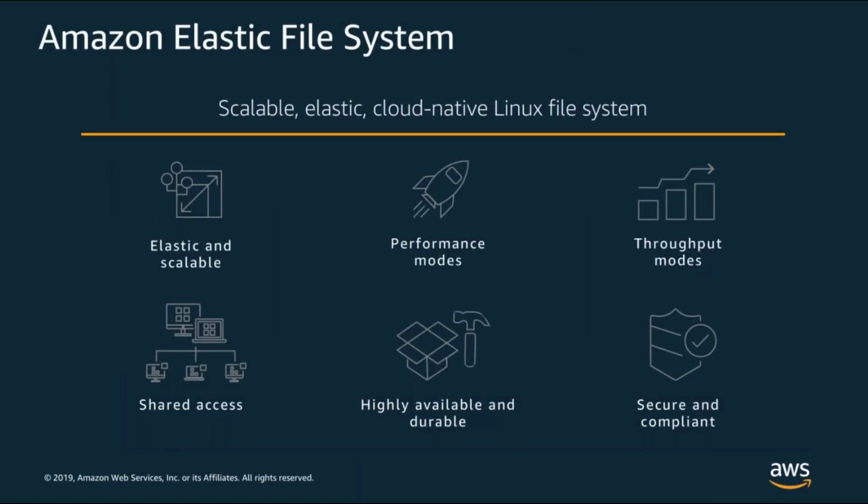Okay, so beyond those tenets, simple, elastic, scalable, let's talk a little bit more about some of the other features that EFS provides. First, from a performance perspective, EFS offers 2 different file system performance modes, a general purpose mode and another that we call max IO.